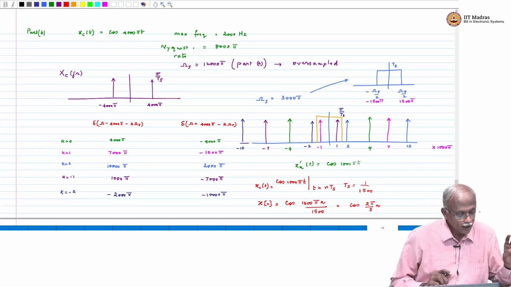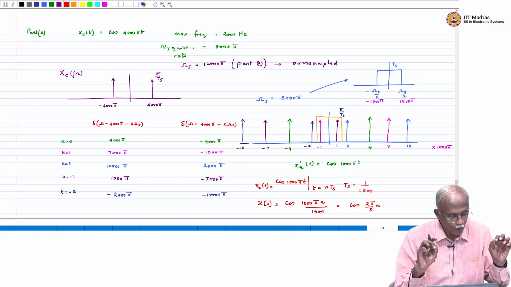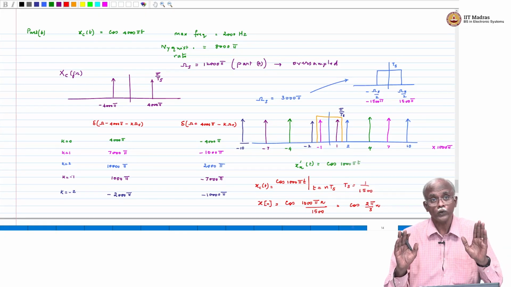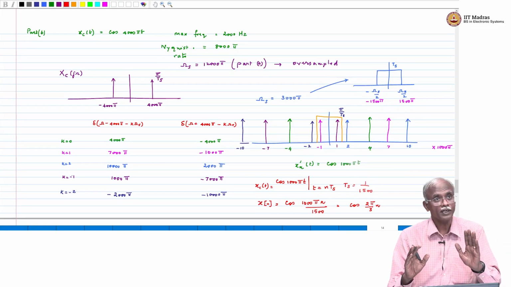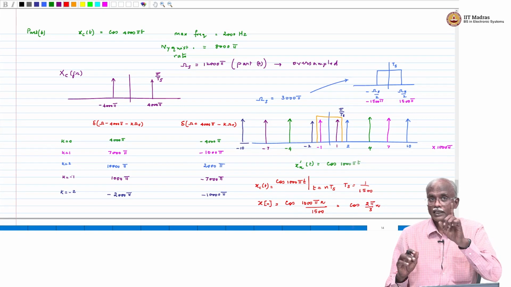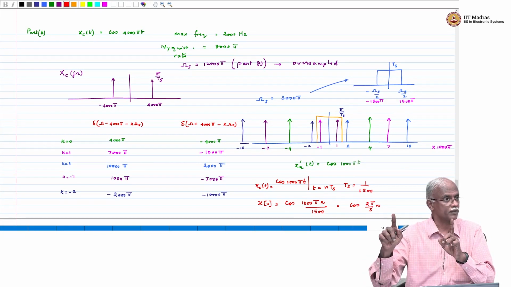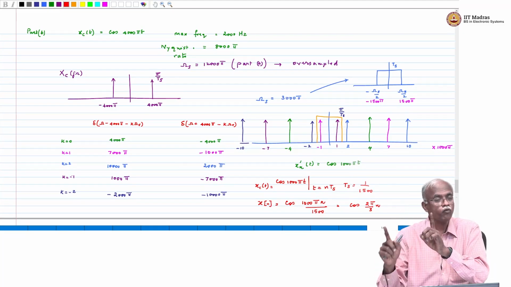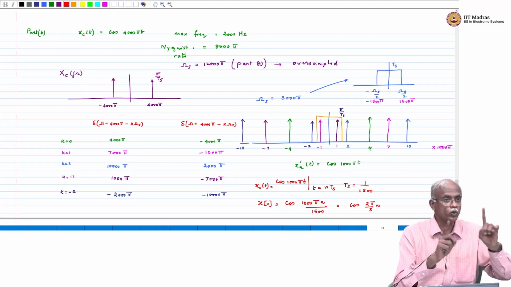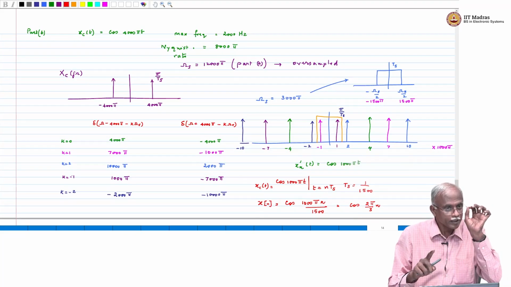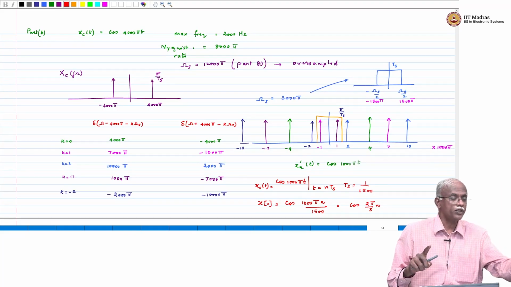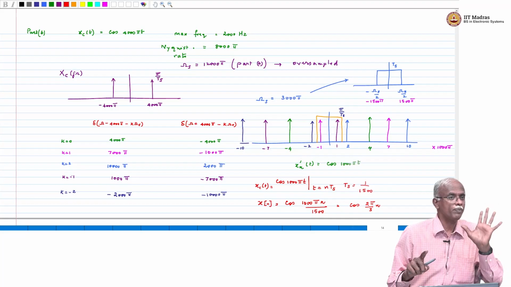Now, what is the important thing that we need to take away from here? Remember that the discrete time frequencies are periodic. When you go from discrete time to continuous time, the frequency that you will get in the continuous time depends on your sampling rate.